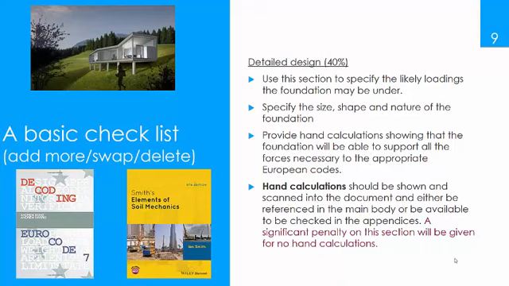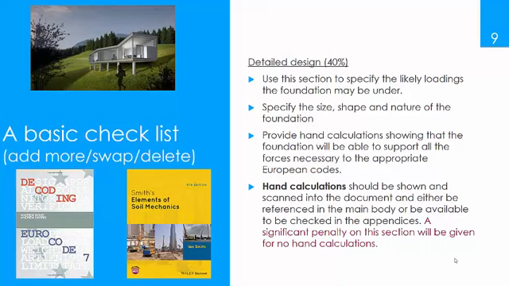You need to provide hand calculations showing that the foundation will be able to support all the forces necessary according to appropriate European codes. You can use British codes or you can use Eurocode. It's up to your preference.